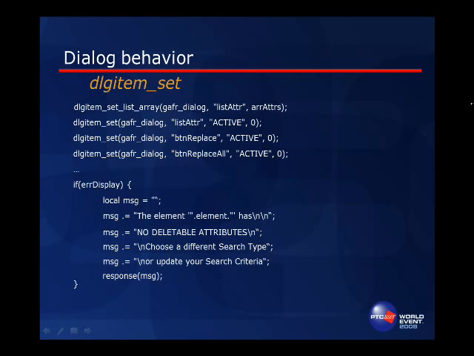And the same thing, you can actually set the controls to being active, kind of grayed out or not. Active 0 means not active, I believe. Okay. Next page, please.